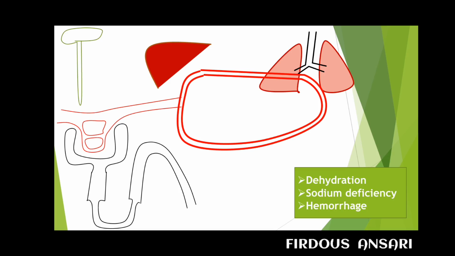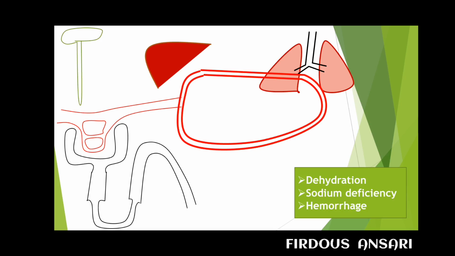Now, what is the situation? Due to dehydration, sodium deficiency or hemorrhage, there was a reduced blood volume and therefore reduced blood pressure. Since blood pressure is reduced, the blood supply to various organs has also been reduced, and one of those organs is the kidneys. The afferent arterioles are also receiving a reduced blood supply.